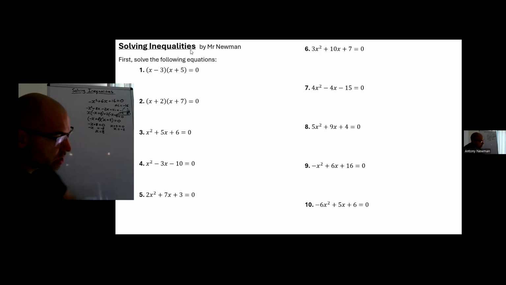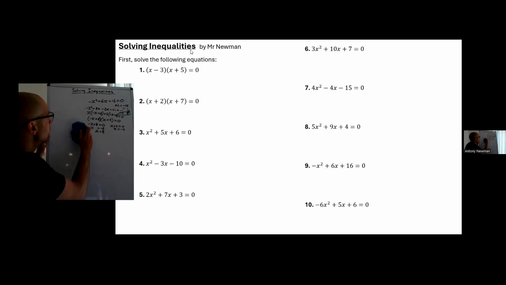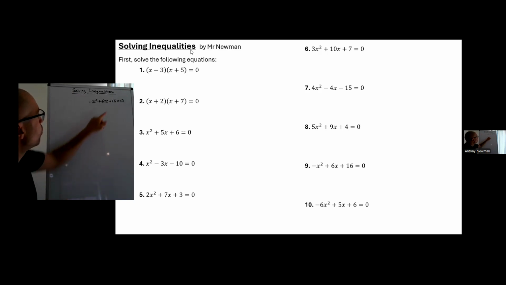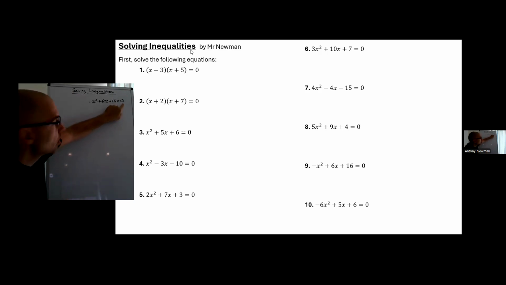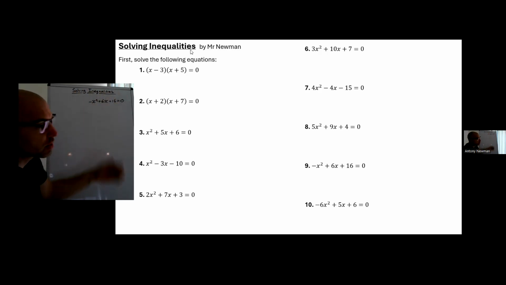Going back to question 9, there was another method we could have done to get rid of this negative. Any ideas what that might be? Okay, well, I'll let you know then. Because this is a 0, that won't change, but we can multiply all of this by a -1 or divide by -1.